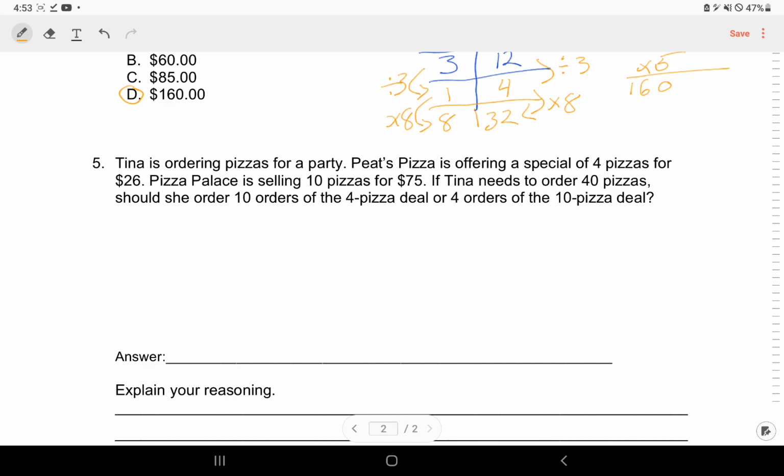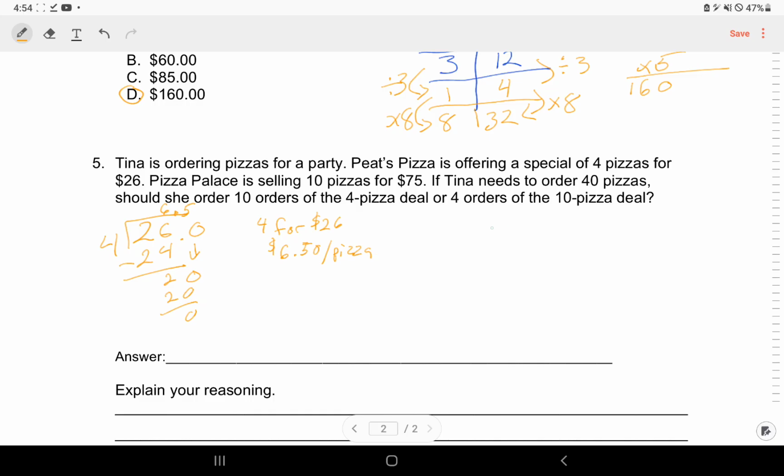So we can do 26 divided by 4 and get 6, 2 left over. 0, bring it down. 4 goes into 20 5 times. And so the 4 for 26 is $6.50 per pizza.